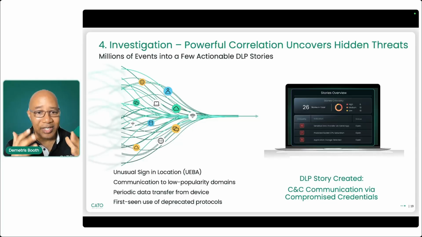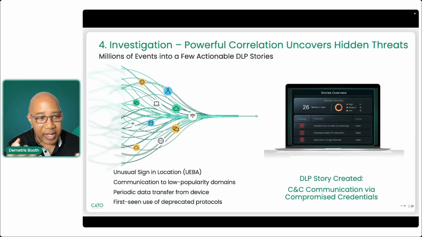This is where correlation changes the game. Cato takes these weak signals, basically slow-moving signals or hidden threats, and looks at things such as unusual sign-in locations, traffic to low-popularity domains, and so forth.